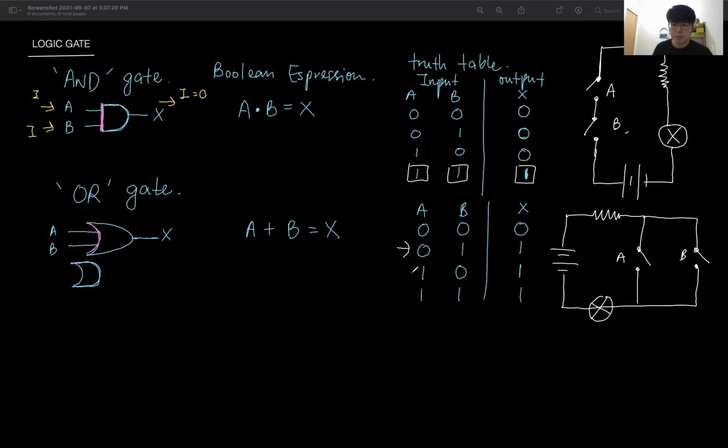Same as this one: if switch A is on, but switch B is not on, still there is current flow in the circuit. So it's 1. Okay, so this is an example of an OR gate. And when both switches are on, then you get 1.